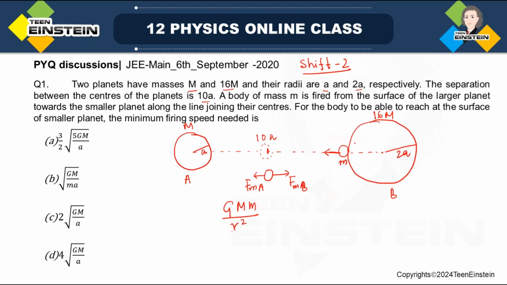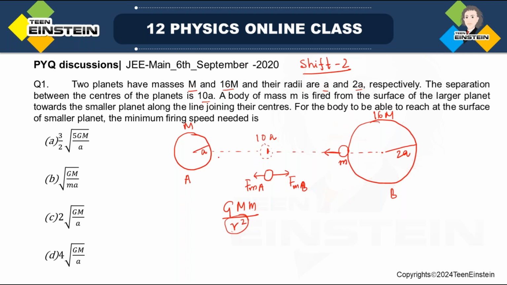Now the force by the bigger one will be a little lesser, while when it was on or near the surface it was greater because the distance was less. Now the distance has become larger, so the force by the bigger mass will be lesser. Again, this force by the smaller mass will be a little larger, even though it has got lesser gravitational pull.